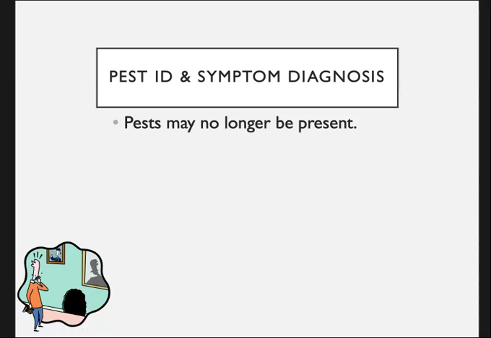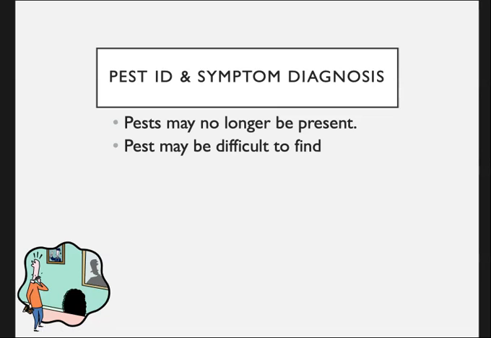So that's the analogy. The other issue is that pests are sometimes really difficult to find. You might see symptoms, but don't know where they're coming from. Maybe it's because the pest is feeding below ground. So you don't physically see damage, but you see other symptoms happening above ground. And this is usually the case for things that are in the soil, like pathogens and nematodes, or even insect damage from below ground.